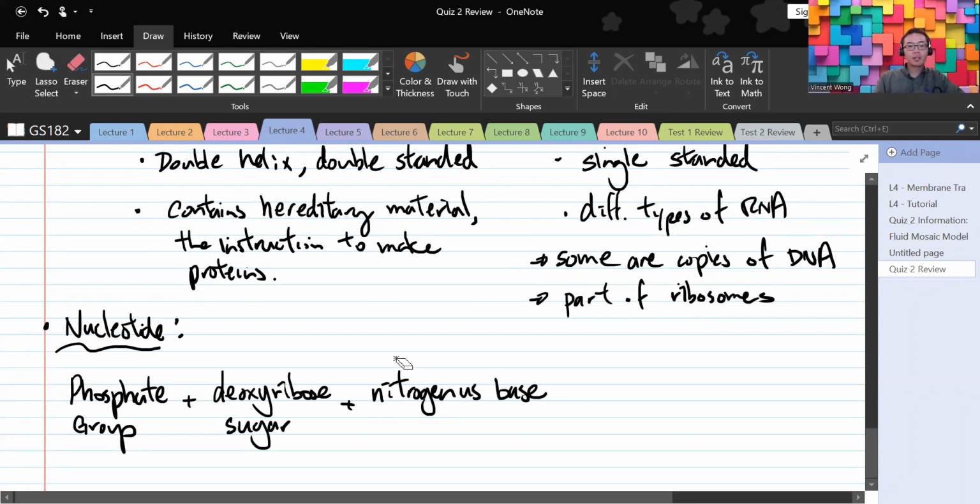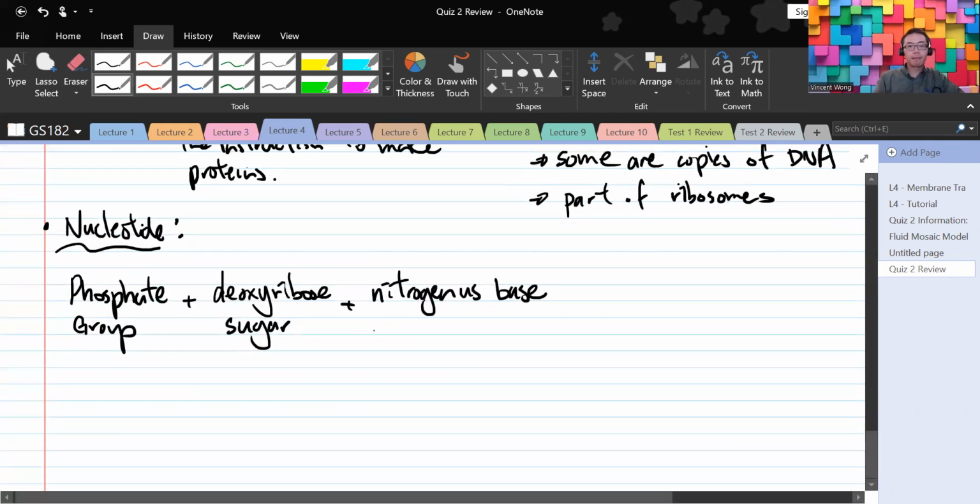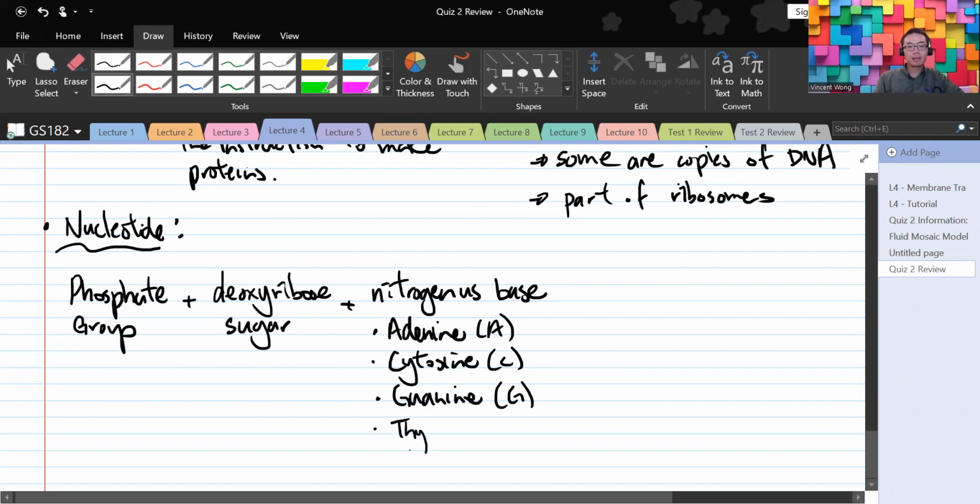And there are 4 possible nitrogenous bases for the DNA: there's the adenine, the cytosine, the guanine, and then the thymine.